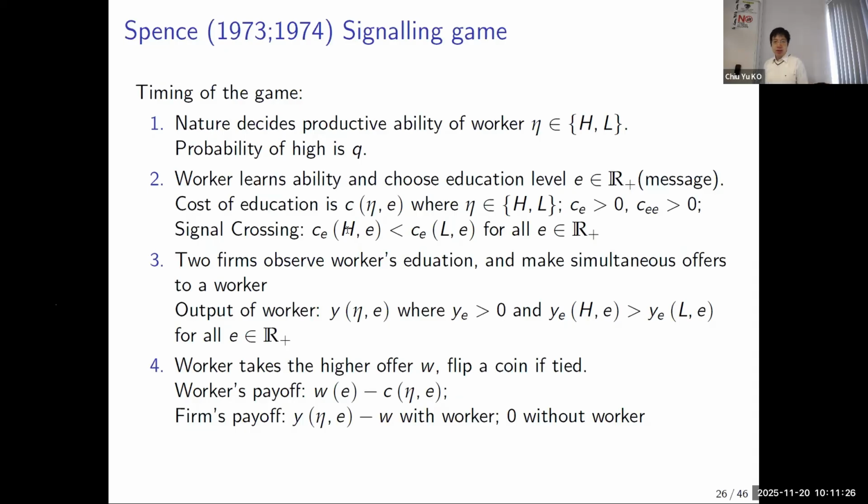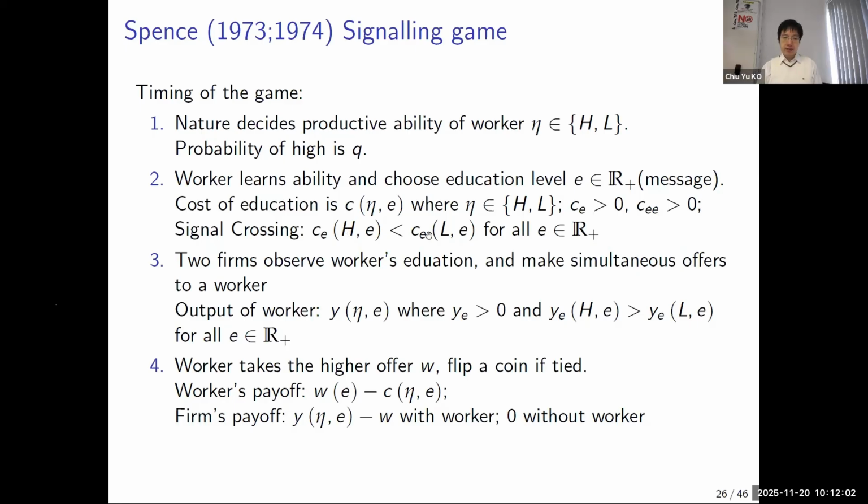This single crossing is important because without it you basically end up with all kinds of useless equilibria. If the low type can send the signal more cheaply, then there's no need to do anything. Of course, in this model you only have two types, so this assumption is innocuous, because I didn't say anything about high or low. Up until here, okay?